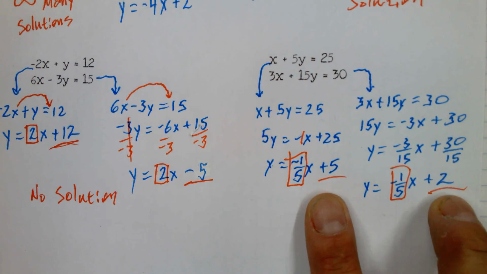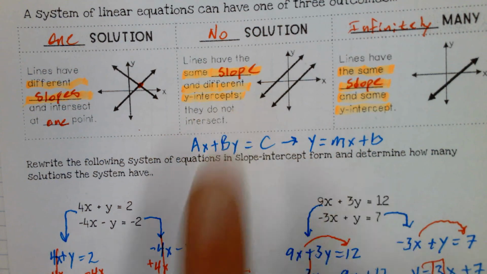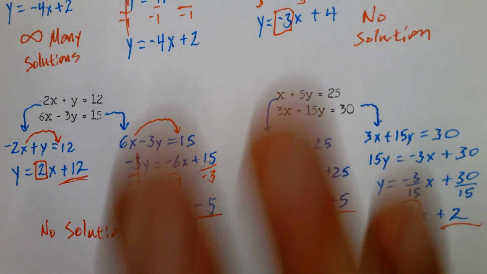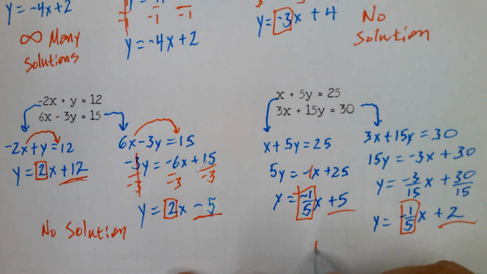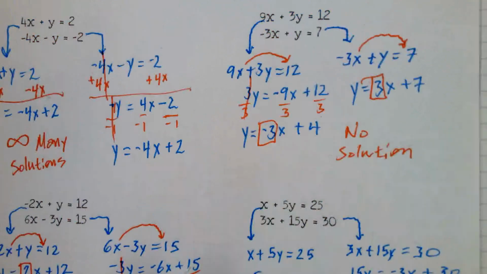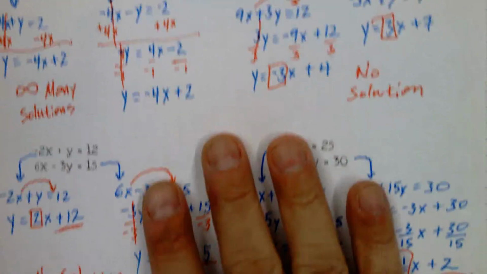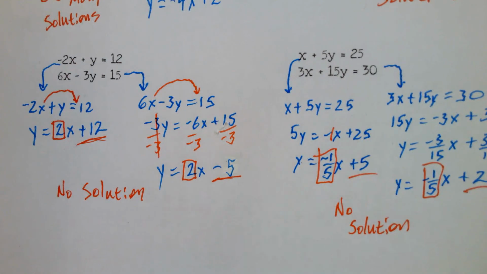And the y-intercepts are different. So again, we're in the no solution territory. So this is also a no solution. Remember, for a one solution, we want different slopes. Okay? All right.